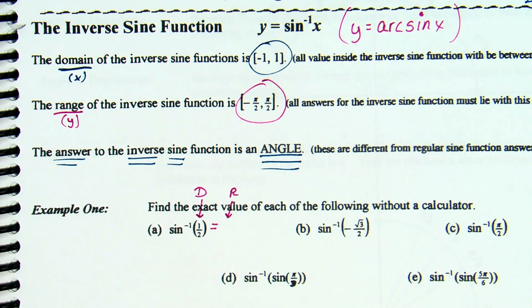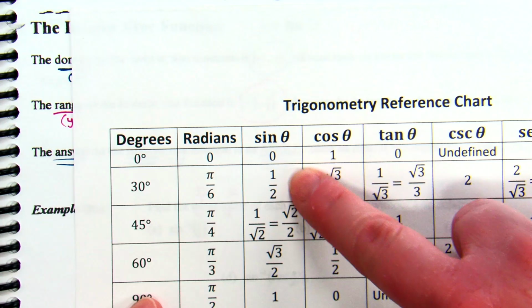Okay. It's something you should be working on memorizing, but I'm not going to stress you about memorizing that right now. It's on the chart, yes? Okay. So, when does sine equal 1/2? Sine equals 1/2 at 30 degrees.